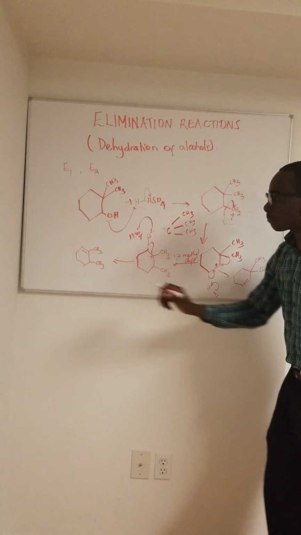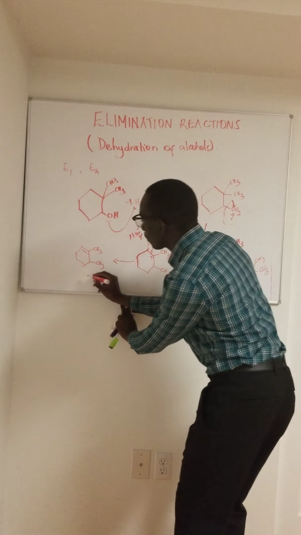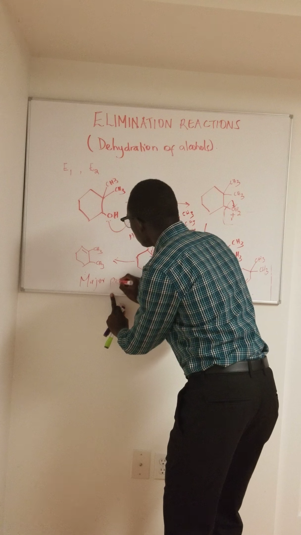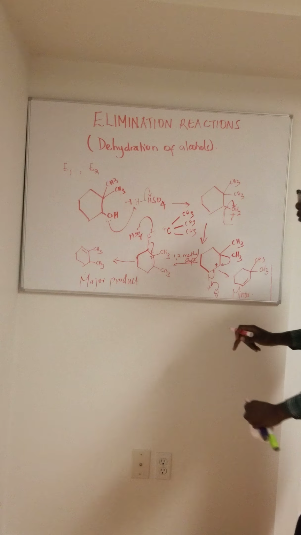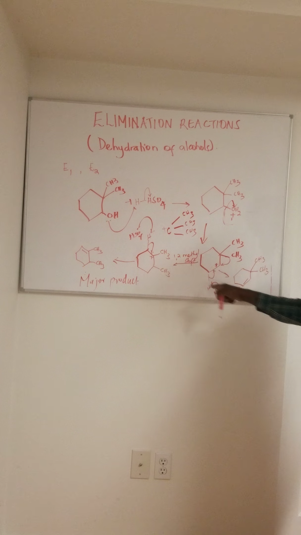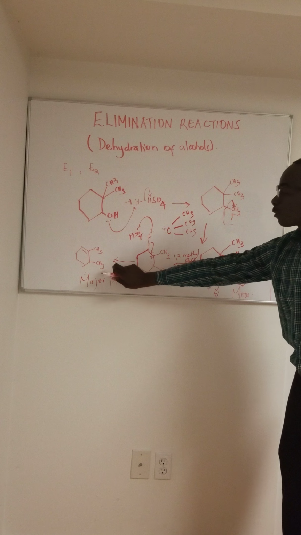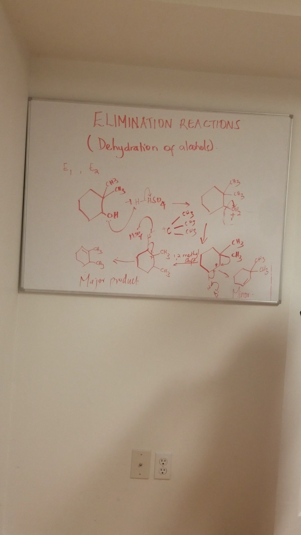This is the final major product, and this is a minor product. Because of this 1,2 methyl shift, this carbocation is more stable than this carbocation. Therefore, most of the product we shall form will be that product, but not this product.